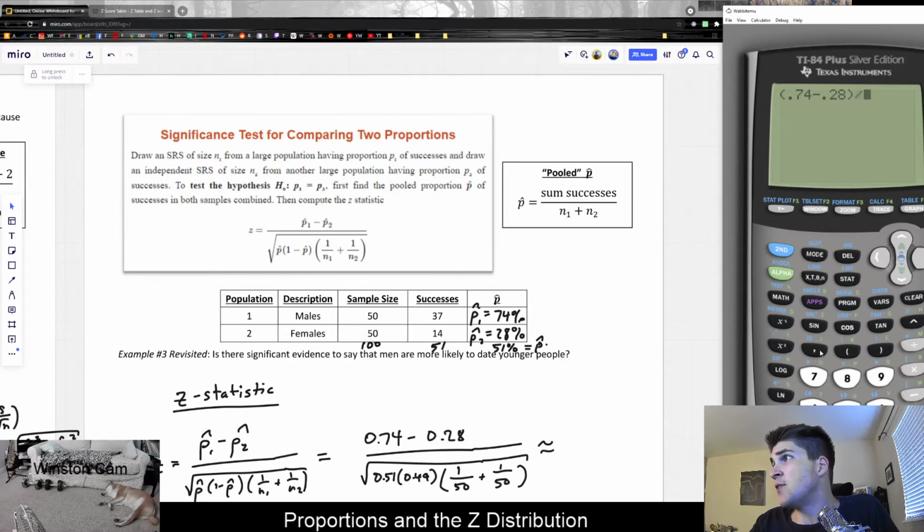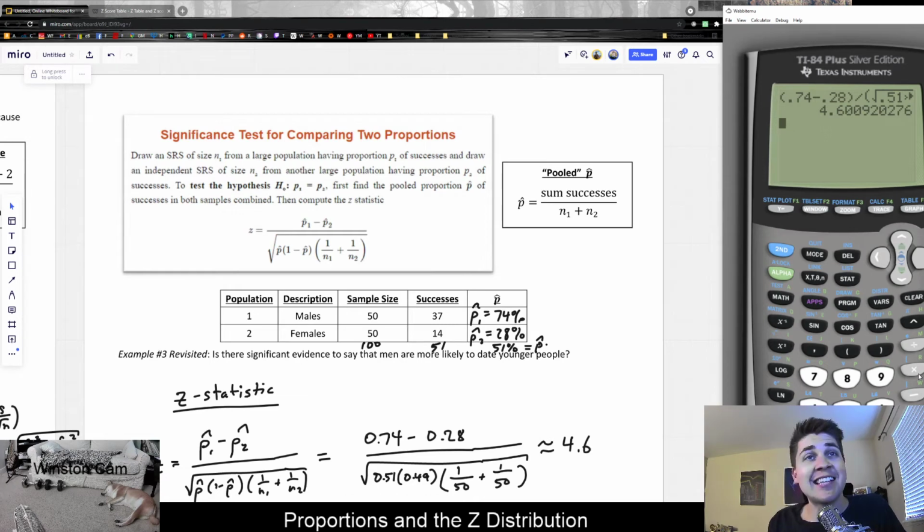Then that's all going to be divided by the square root of 0.51 times 0.49 times 1 divided by 150 plus 1 divided by 50. Let's make sure we get it all in there. I think that looks okay. Make sure to close my parentheses. I think I closed them all. And there we go. So we would get a value of 4.6.